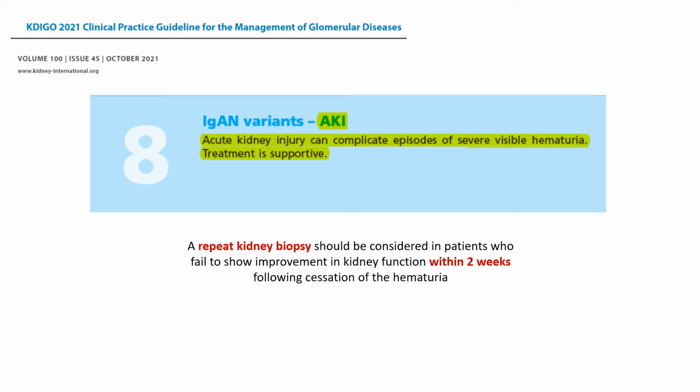But if the patient has not responded within 2 weeks following the cessation of hematuria, you have to consider a biopsy because he may have crescentic glomerulonephritis or another cause that leads to deterioration of the case. So if the case is only hematuria with blocked tubules, give the patient fluids and wait. If he or she doesn't respond within 2 weeks, you have to do a biopsy.